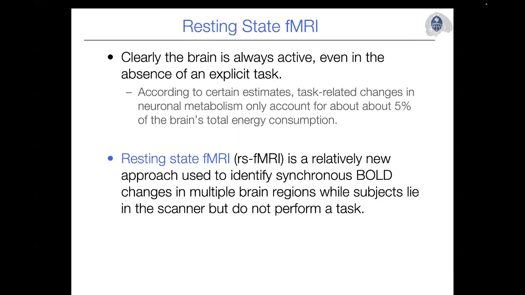Another thing that it allows you to do is to more easily share data across different sites, because it's hard to make the same task at different sites, at different labs. But with resting state data, it's easier to make it equivalent across different groups, because they're basically all resting in the scan.